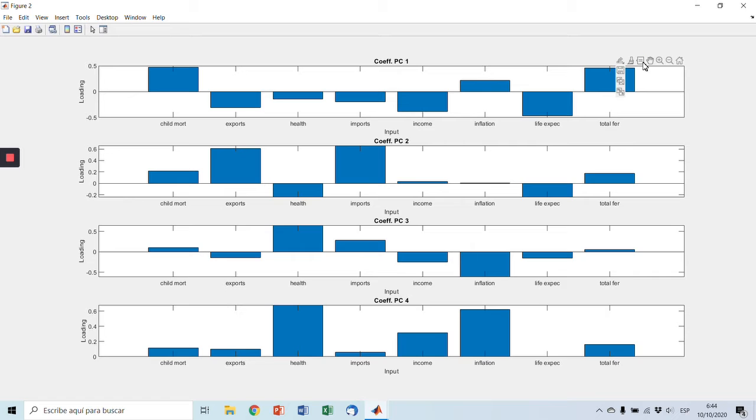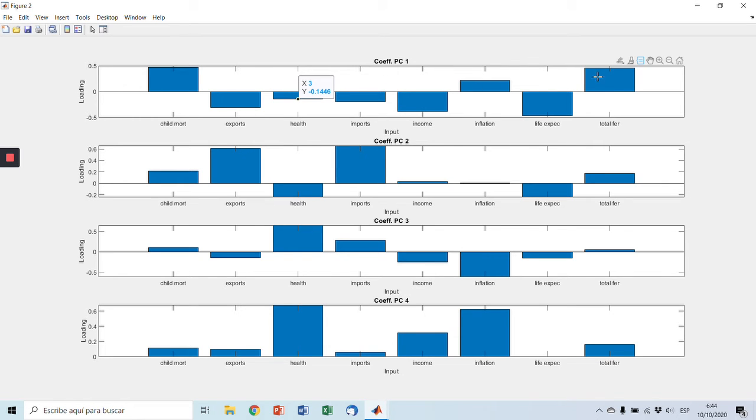Let me have the value. 0.47 child mortality, and then minus 0.31 times export, minus whatever. So you keep adding all the 8 input variables with these weights, and that will give you a number. That is the projection of that country onto the first principal component direction.